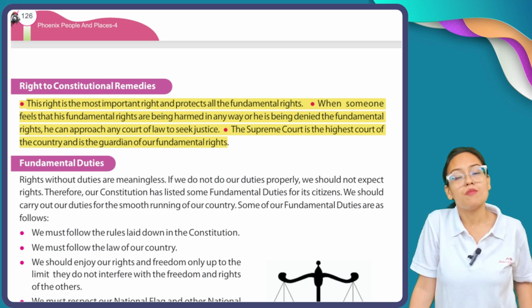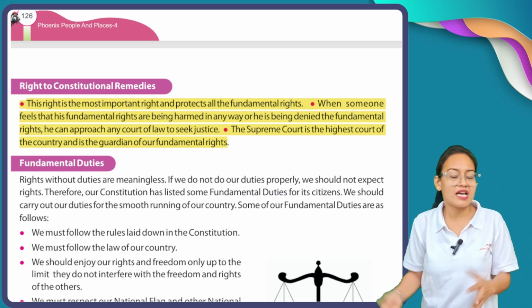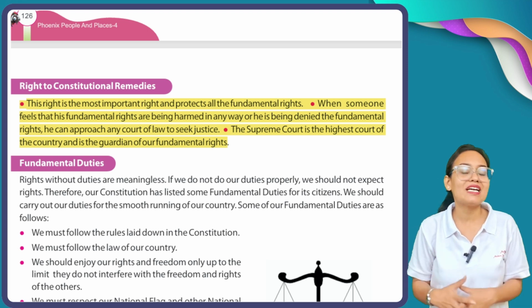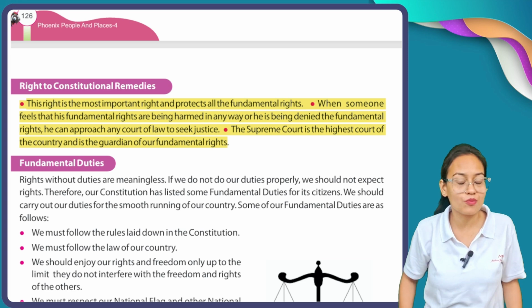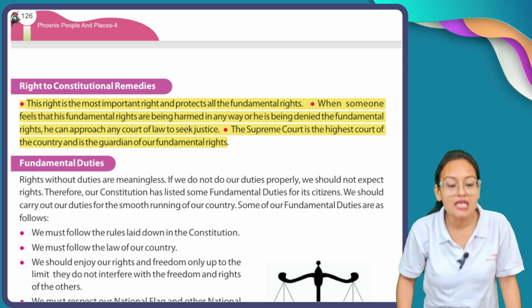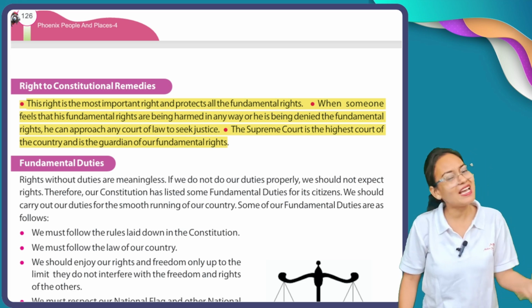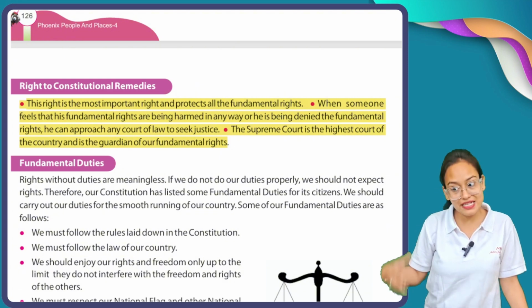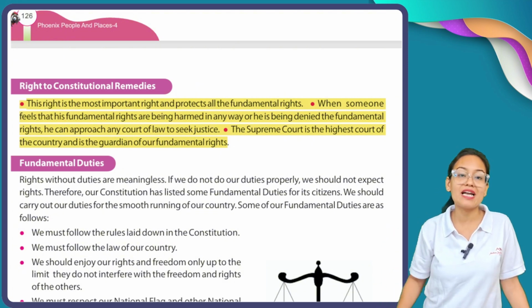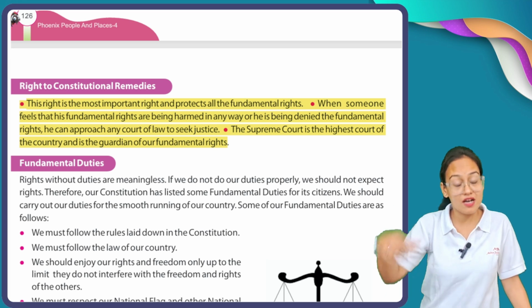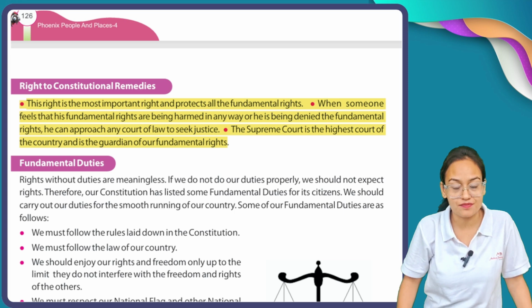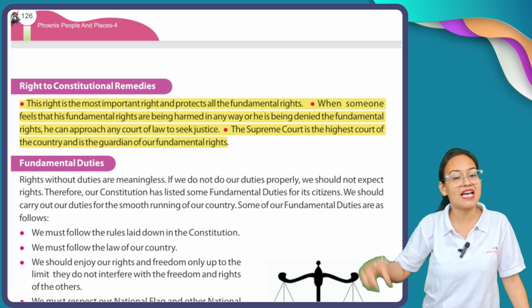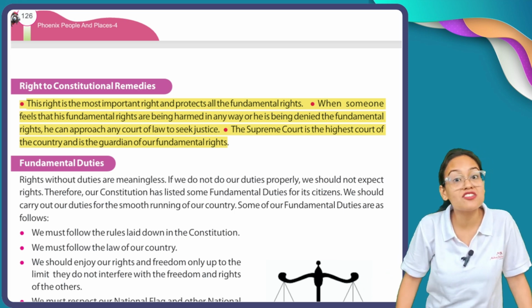It is true, because suppose I feel that my previous five fundamental rights are being exploited, means they are harmed in any way, then it is my 100% right that I can take action against that person who is violating my fundamental rights. I can file a case in any court of India to get justice.